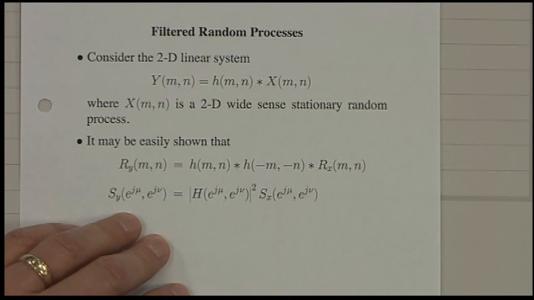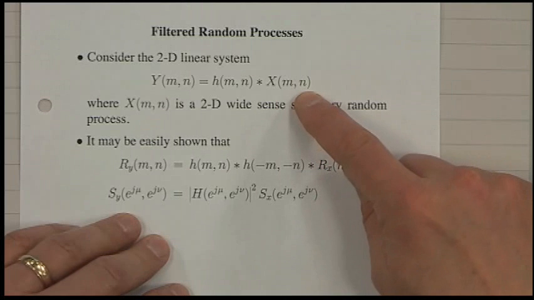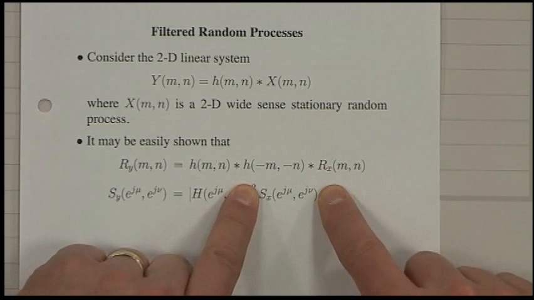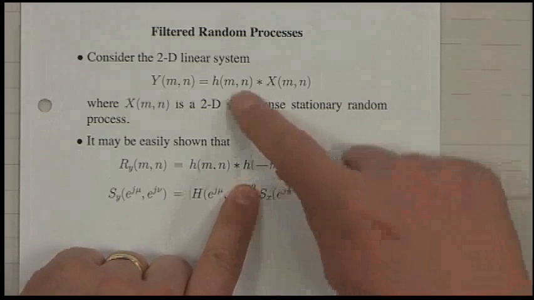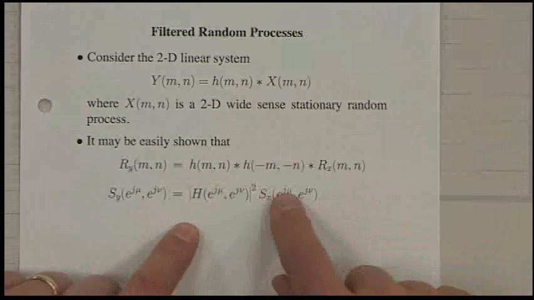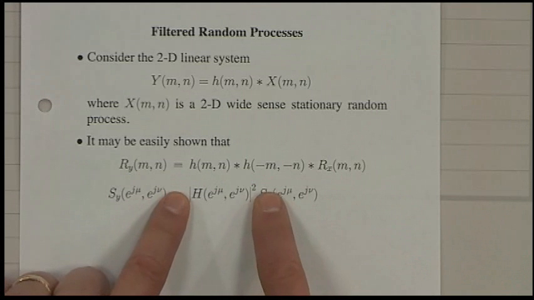So if you can take, say, a random process x of m,n and say that it's a stationary second-order random process, then it has a power spectrum S_x, okay? And you filter it with h of m,n, which is the point spread function, and then the power spectrums are related by this expression, okay, where this is the Fourier transform of the impulse response of the filter, magnitude squared.